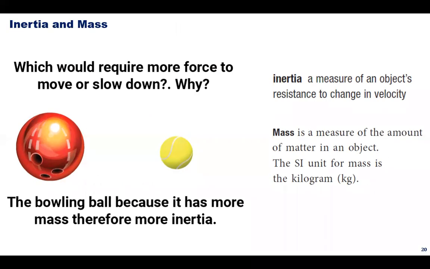This means that an object at rest will stay at rest unless a net force acts on it. In addition, if an object is in motion, it will maintain a constant velocity unless a net force acts on it. The concept of inertia is closely related to Newton's first law.